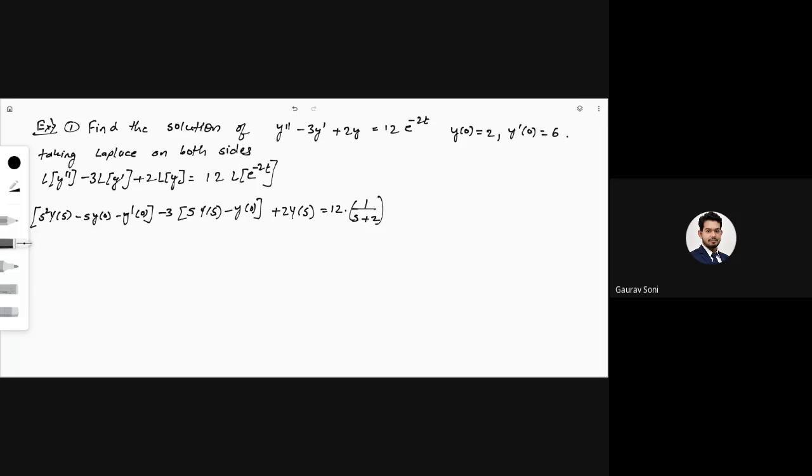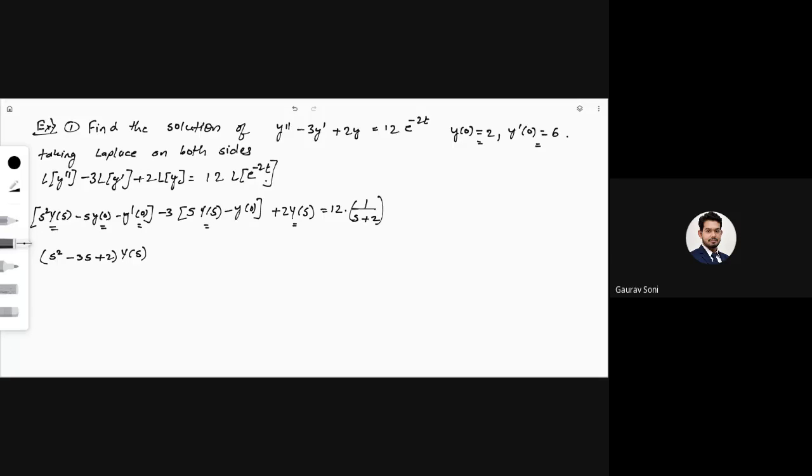Now we have the value of y of 0, y dash of 0 given in the question itself, so we'll use it. And for the first one, I'll take Y of s common from the whole equation. So Y of s is here, here and here. Collect the coefficients: s square minus 3s plus 2 times capital Y of s.